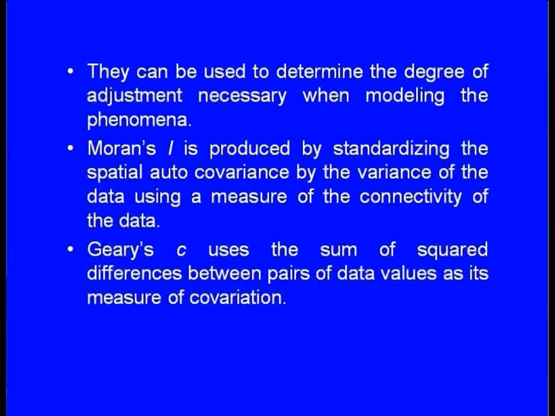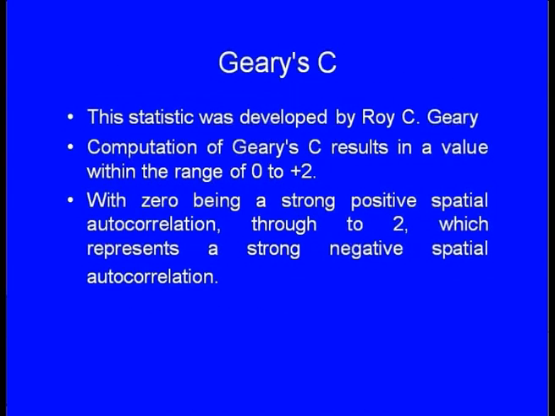Moran's I is produced by standardizing the spatial autocovariance by the variance of the data using a measure of connectivity of data. Geary's C uses the sum of squared differences between the pairs of data values as a measure of covariation.